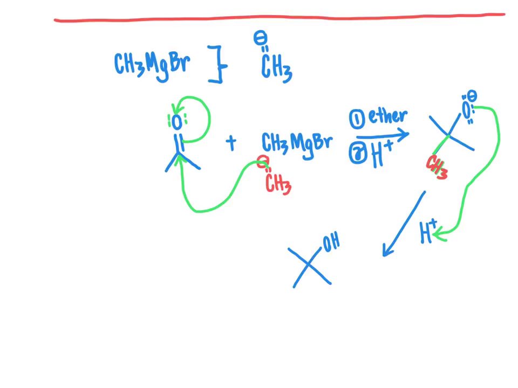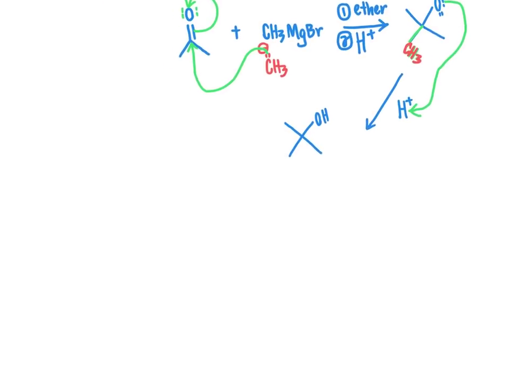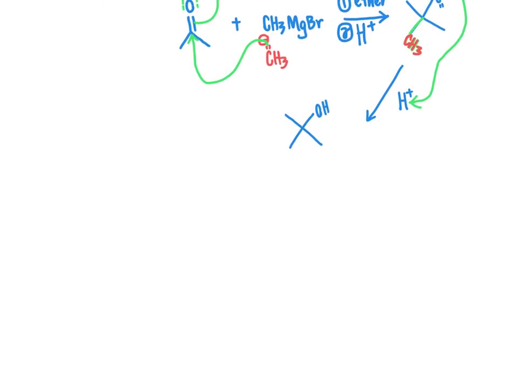And then secondly, a protonation step happens to convert the oxygen atom there into a hydroxy group. So let's take a look at a reaction sequence here. It's going to be another example problem of adding Grignards or organometallic compounds to carbonyl groups.